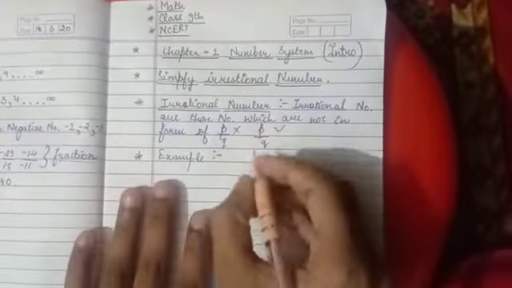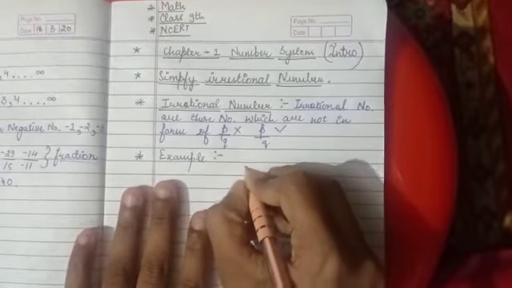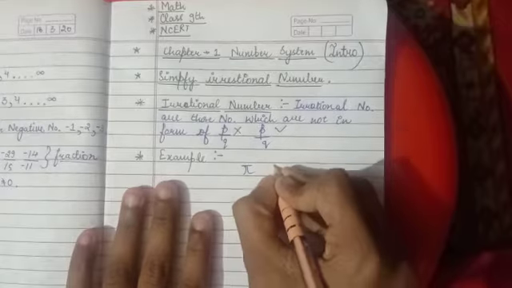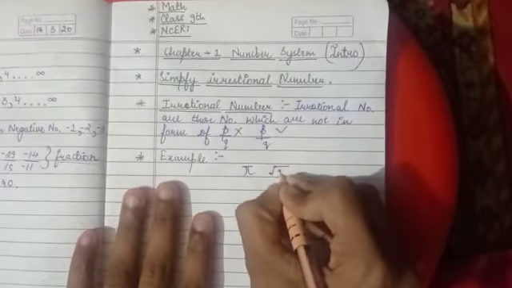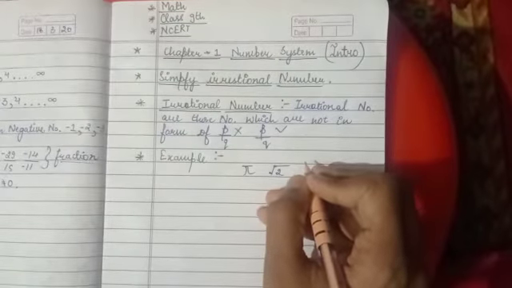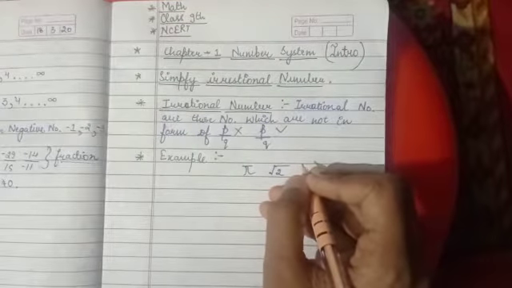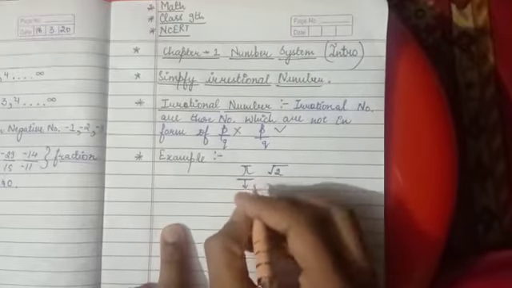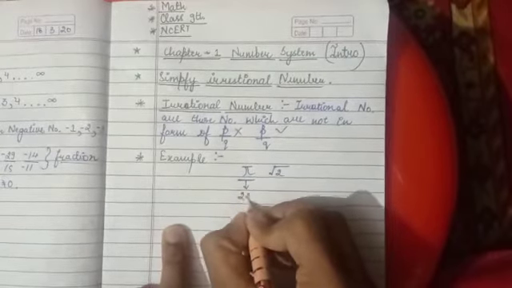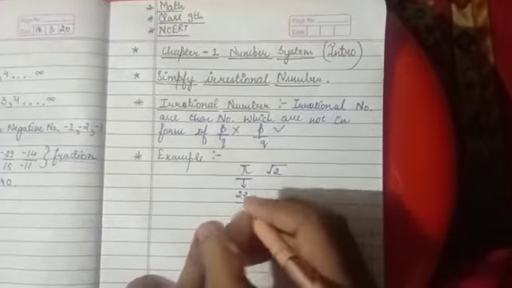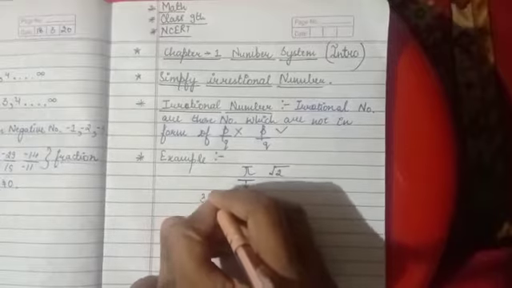To identify irrational numbers, we will take the examples of pi and root 2, just a square root. You know that to represent pi, our teachers give 22 by 7 in the question paper, and one more number they give is 3.14.